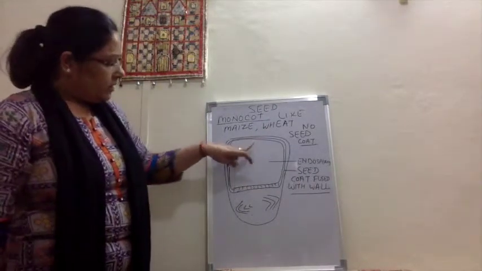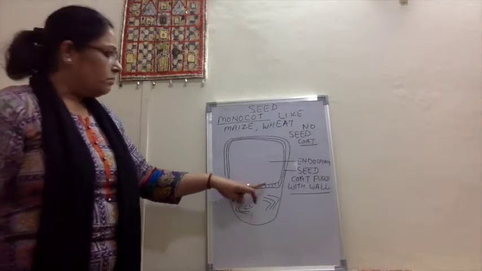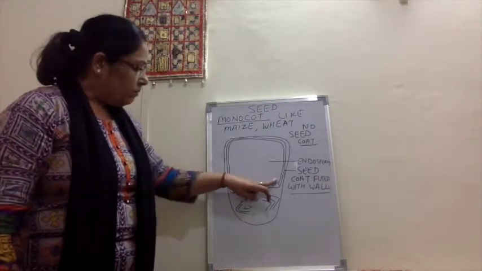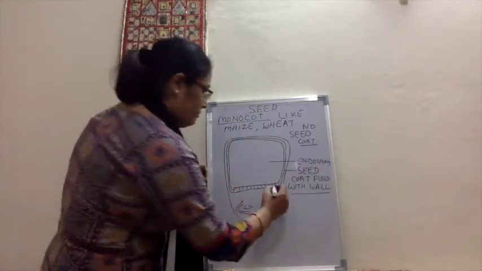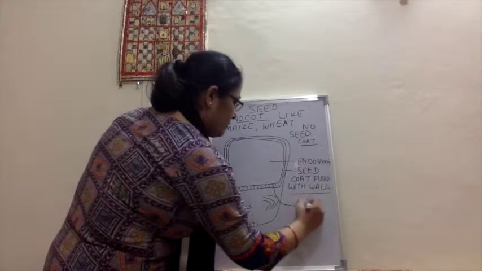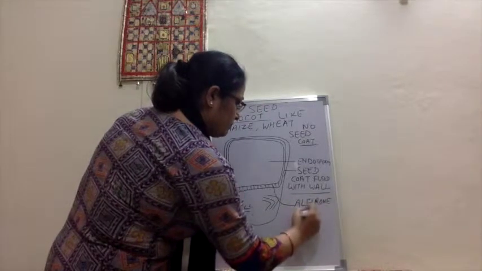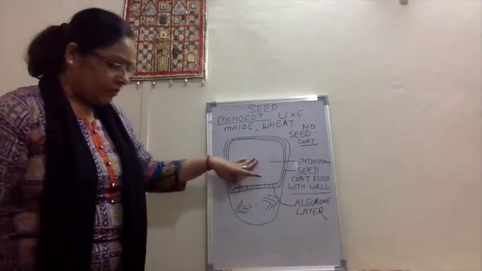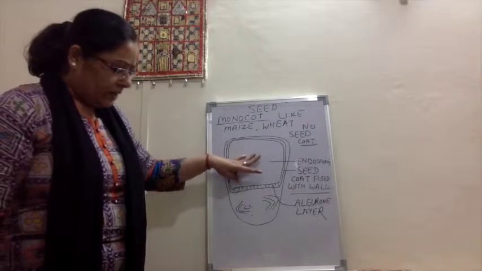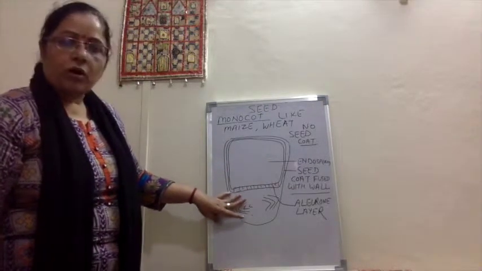And this endosperm is separated from the embryo by a thin membrane. This is called aleurone layer.